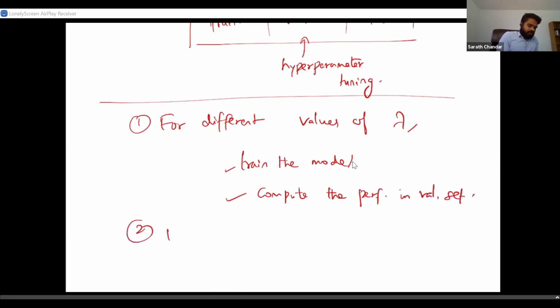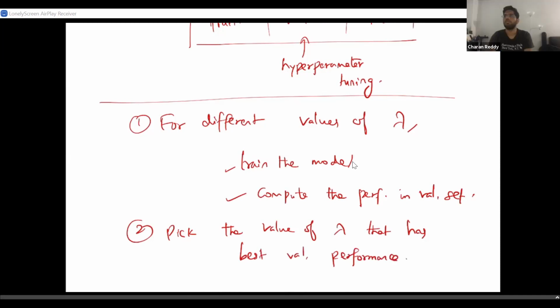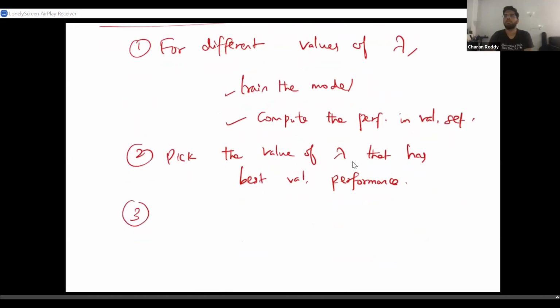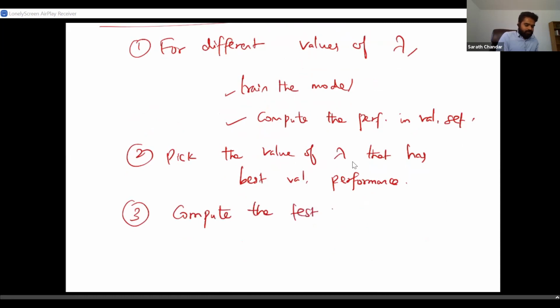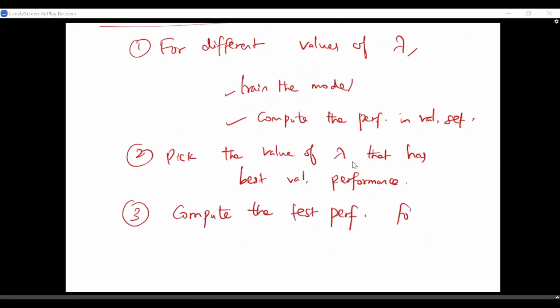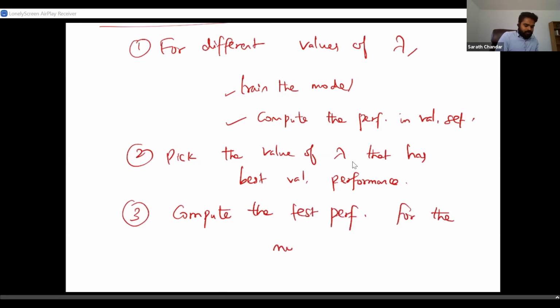Then we will pick the value of lambda that has the best validation performance. Once you pick the best lambda, then you compute the test performance for the model with the chosen lambda.